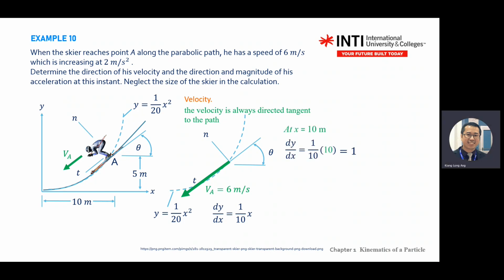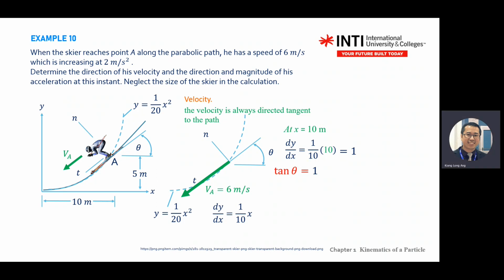So dy/dx at 10 meters, you have an x component here. You substitute your boundary condition 10 inside here, and your dy/dx is 1. dy/dx is actually the gradient, and the gradient can also give the angle.